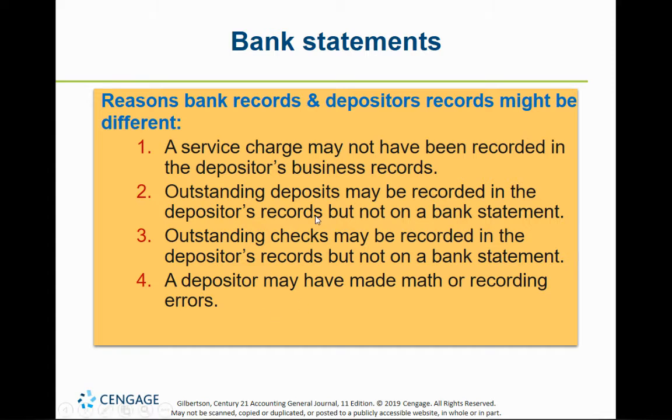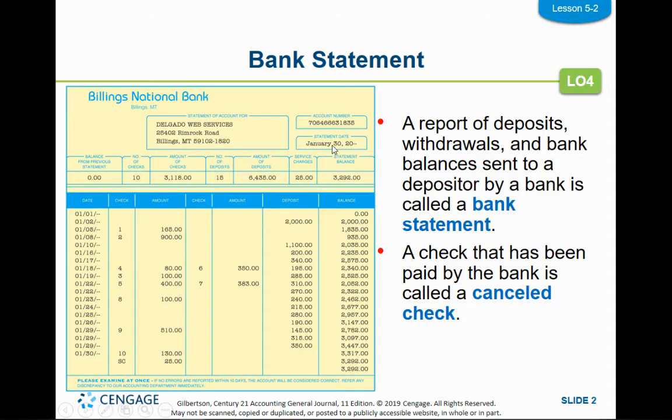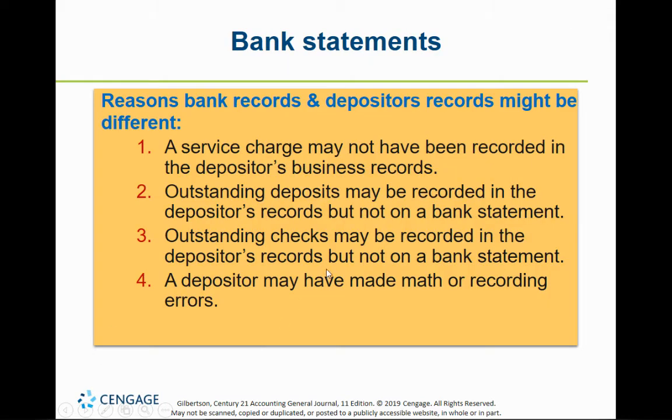The second one is outstanding deposits, which may be recorded in your records but not on the bank statement. An outstanding deposit is a deposit that you've put into the bank but is not showing yet on the bank statement. It could be that the bank statement cuts off on January 30th and you make that deposit on February 1st.